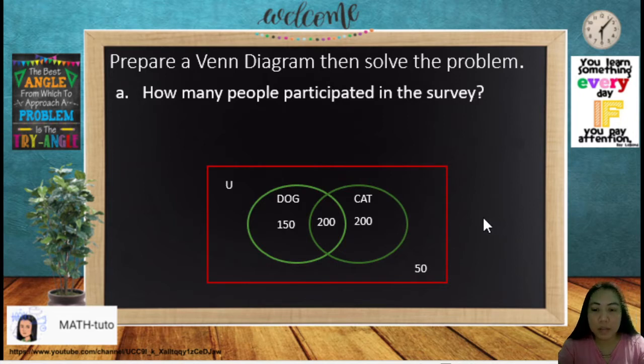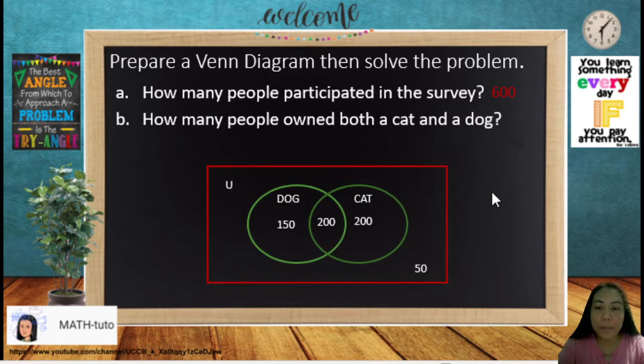So this means this is the total number of elements in our universal set. We have 150 plus 200 plus 200 plus 50. That is 600. Next, how many people owned both a cat and a dog?